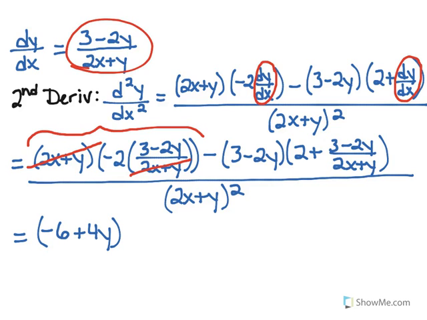Unfortunately, the second term doesn't work out quite as nicely. So what I'm going to do is keep the 3 minus 2y as it is for now. And I'm going to figure out what this second set of parentheses is by getting a common denominator. So I'm going to take that 2 and multiply it by 2x plus y.